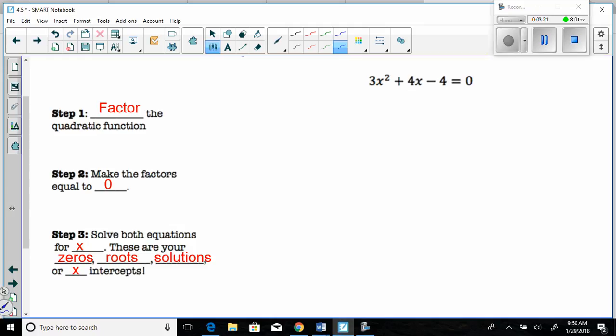Each one's a different color, and if you want to color code, that's fine. It looks like this in my book. So step 1, step 2, step 3. You're just going to fold.